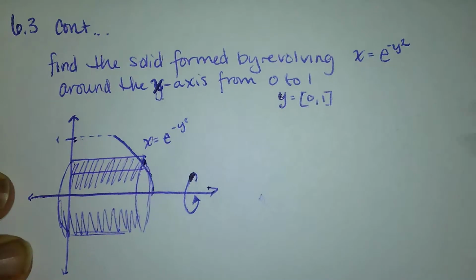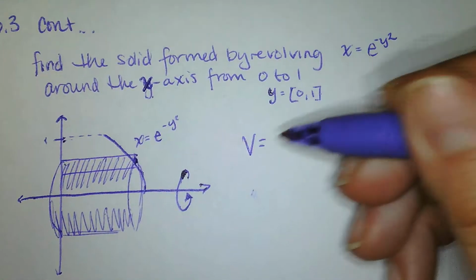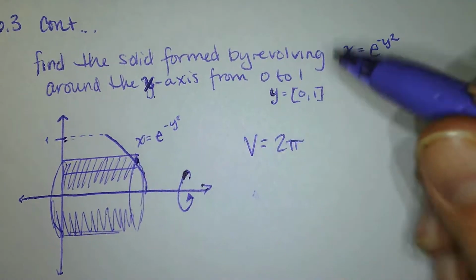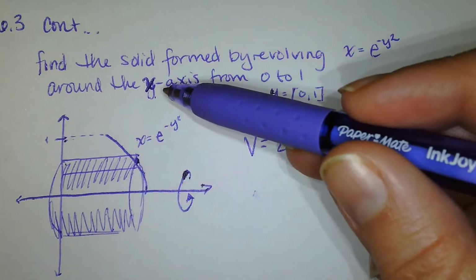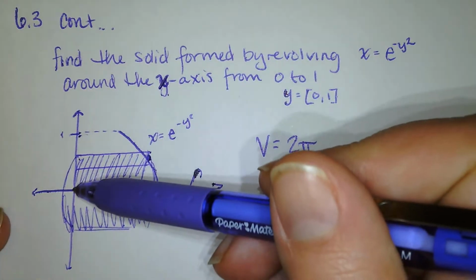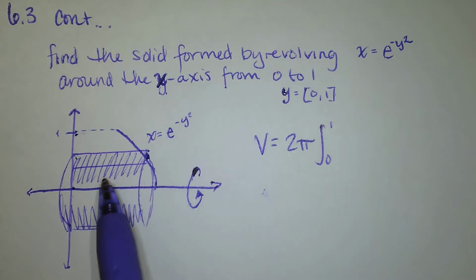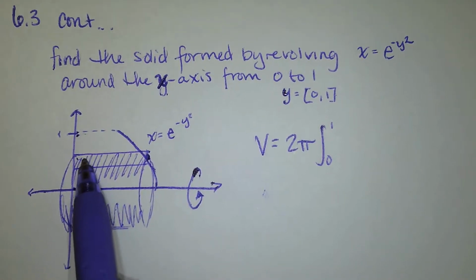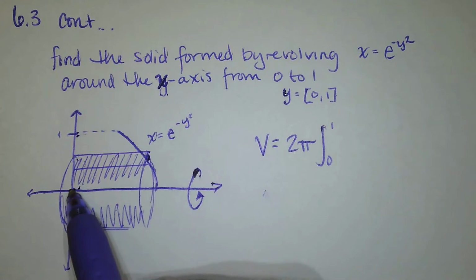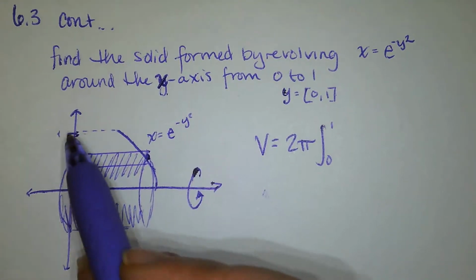So anyhow, let's set this up. Volume equals 2 pi. Because we're rotating around the x-axis, we're going in terms of y. So as y goes from 0 to 1, the radius is going to be given by y because the radius will increase. The radius starts here and the radius of the cylinder will increase until right there.